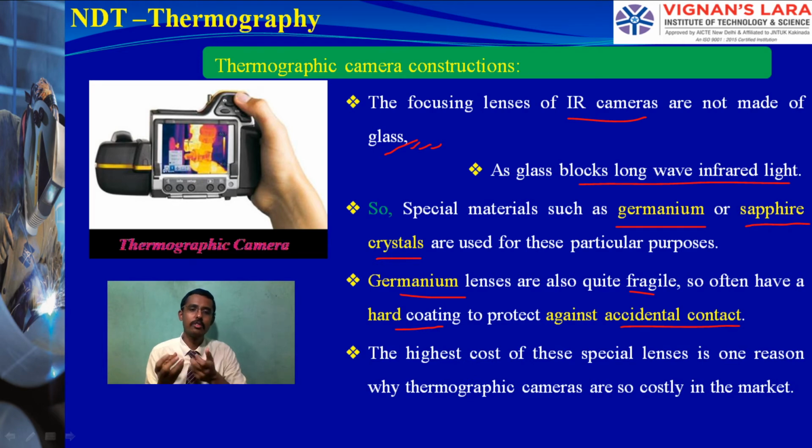We want to find the temperature differences, what is happening there, through a non-destructive mode. Measuring temperature with a thermocouple is a touch method, but here it is a non-contact method. We only use the camera, and it gives us some information.